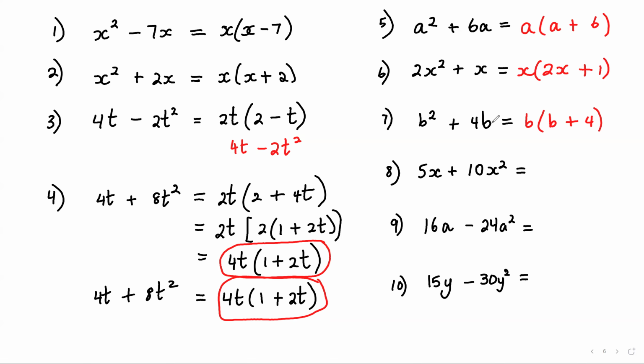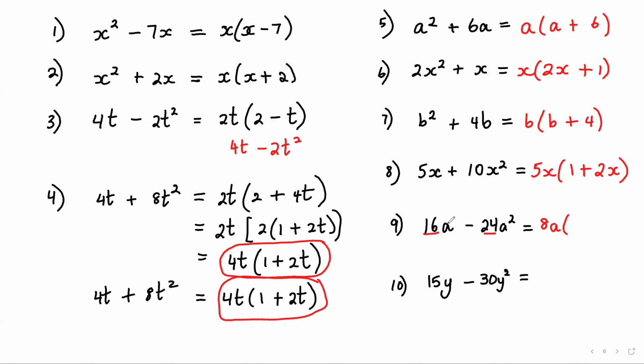Number 8, the common factor here is 5x. 5x times 1 is 5x, and 5x times 2x is 10x squared. With 16 and 24, what is the highest common factor there? That's 8, right? So it'll be 8a.